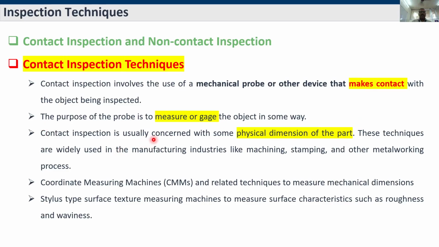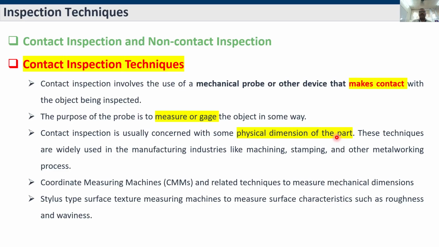Contact inspection is usually concerned with some physical dimension of the part. We mostly use this technique in manufacturing industries, like machining of metal pieces, stamping, or other metalworking processes.